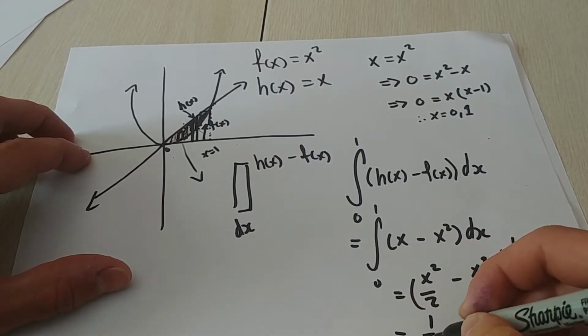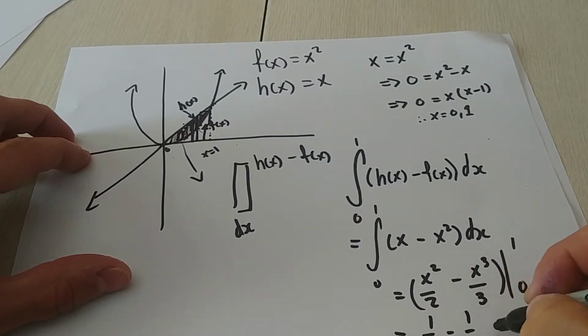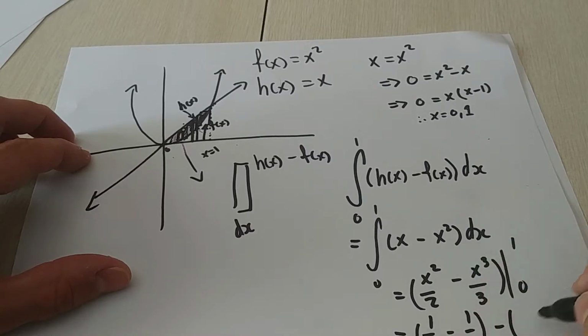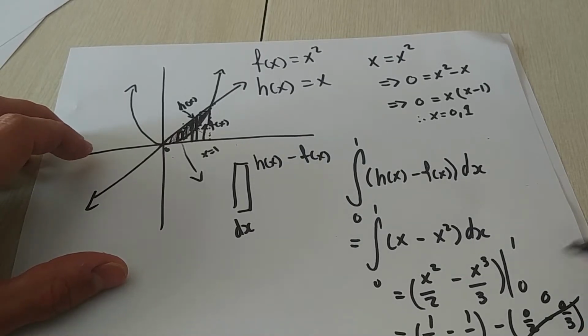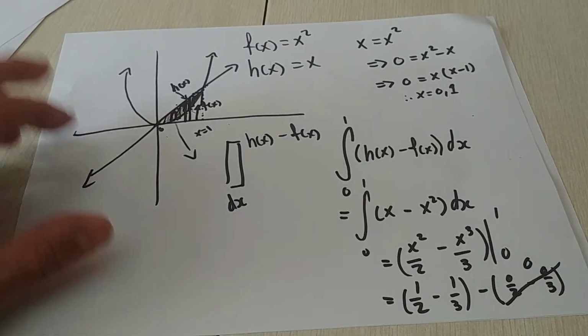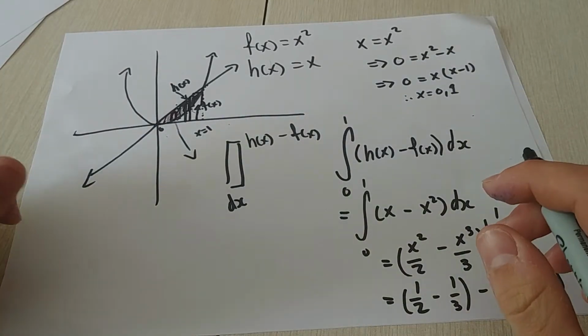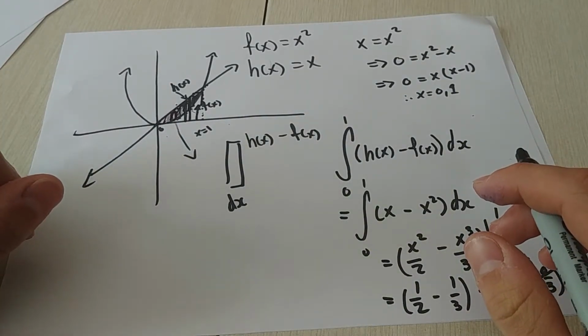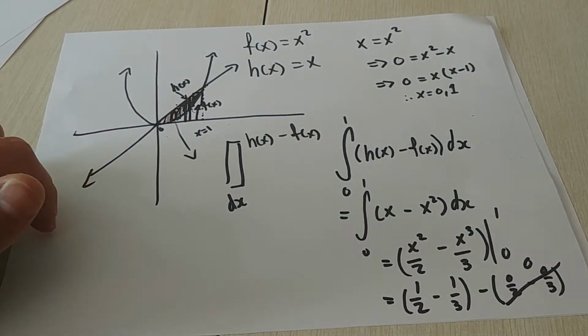So you get a half minus a third, minus 0 plugged in, 0 over 2 minus 0 over 3. This is 0. So that's how you find the area between two curves.